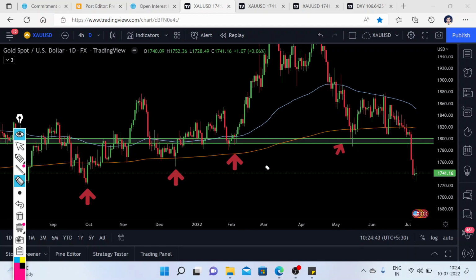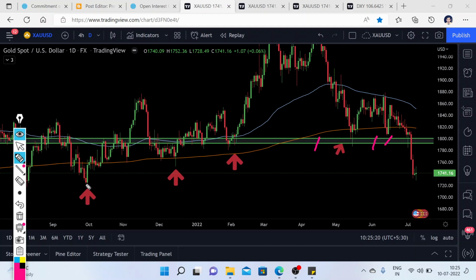If you look at this chart on the daily time frame, you can see how dynamically the price slipped below this major support, which we have said many times, the support area of 1790 to 1792. With this slide and decline, the sequence of higher lows has now clearly ended.